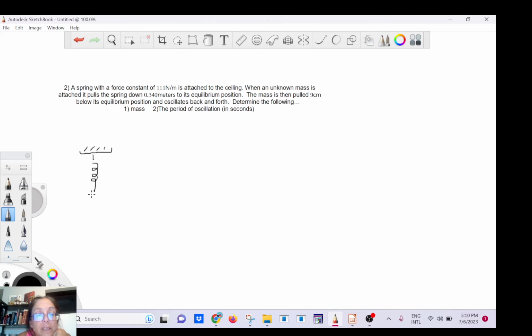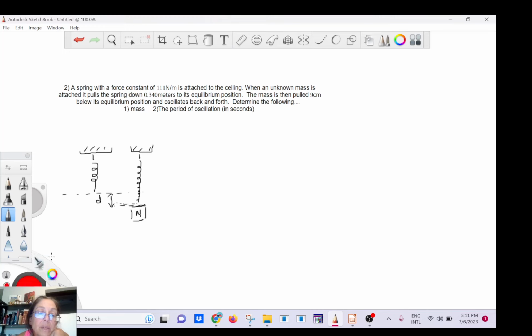Now it's at rest and it's happy. And then now you have a mass. Because you have a mass here, now it's going to move here. It's not oscillating yet. It's in equilibrium and it has been moved from here to here, right? So you have a little stretch here. Let's call that d.